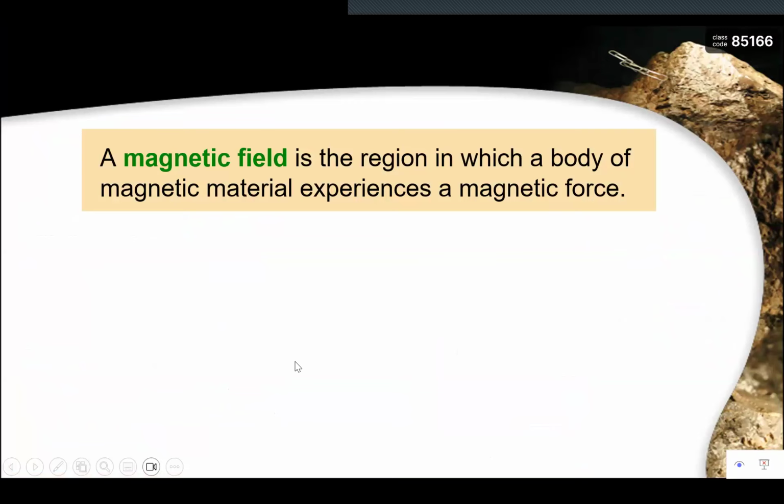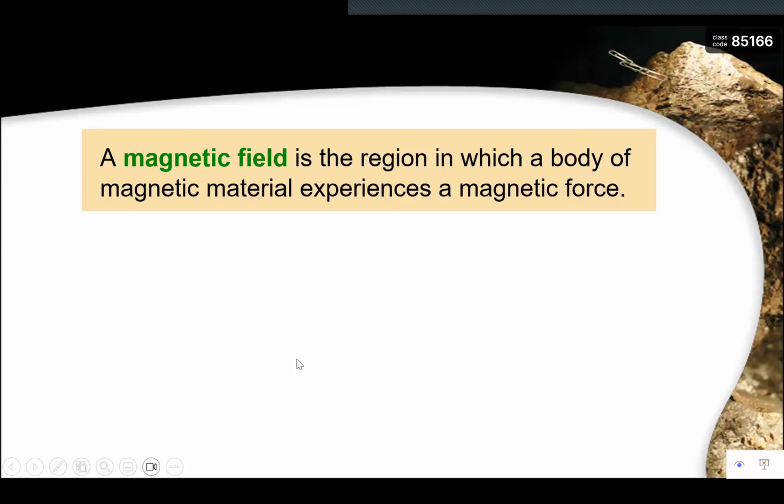Okay, so you need to know the definition of a magnetic field. A magnetic field is defined as a region whereby a magnetic material experiences a magnetic force. Just a very quick recap, we have learned about an electric field and a gravitational field as well.